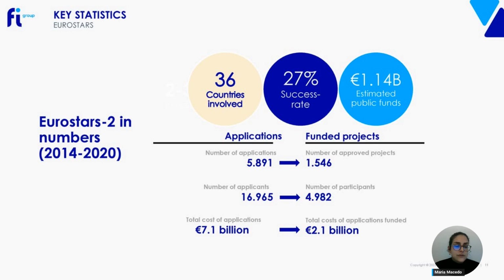It's an attractive success rate, and thus we believe that Eurostars could be a really good first step into the European funding world, due to the type of projects which we already explained, and of course this success rate also helps validate that argument.